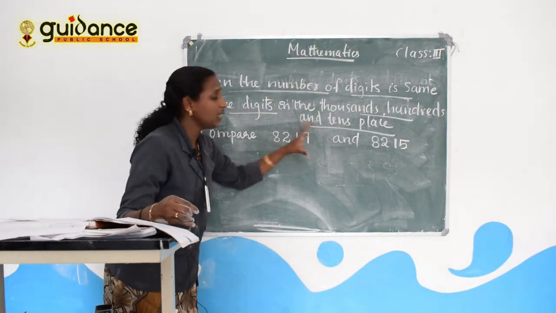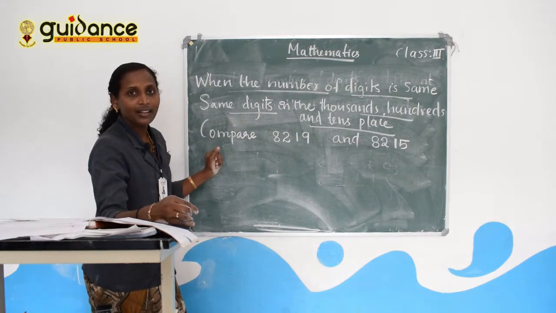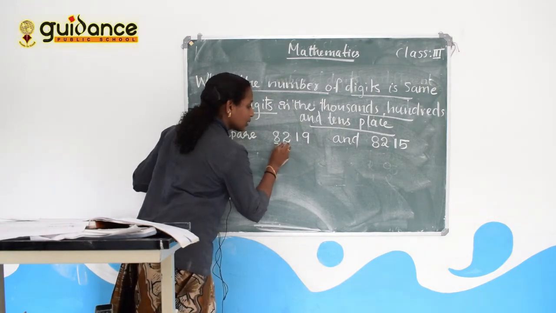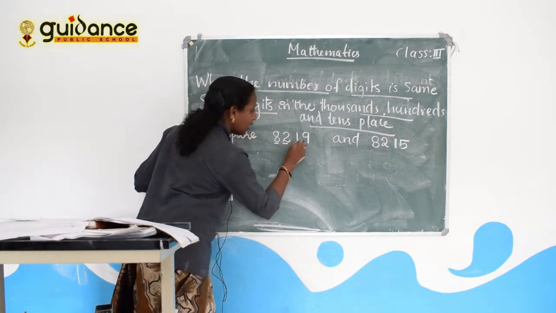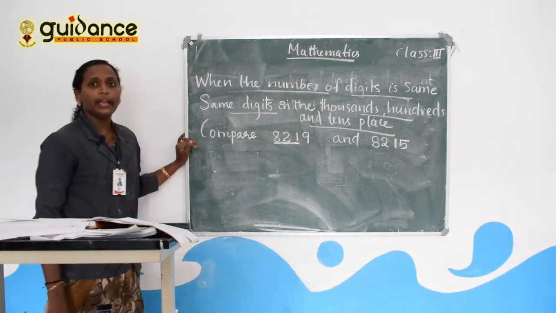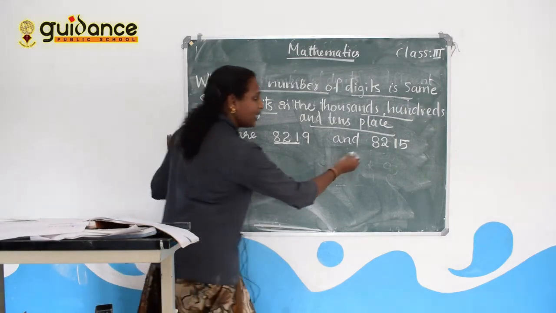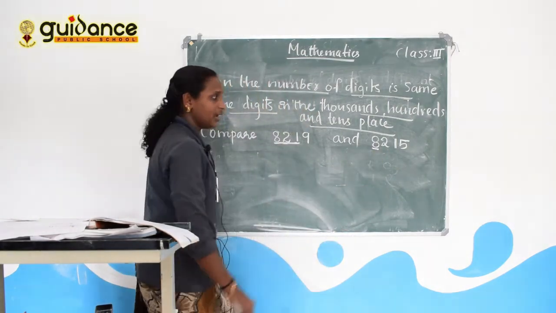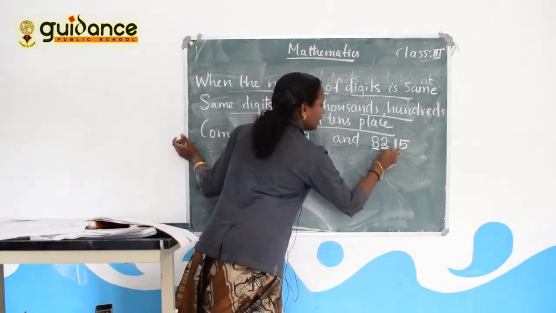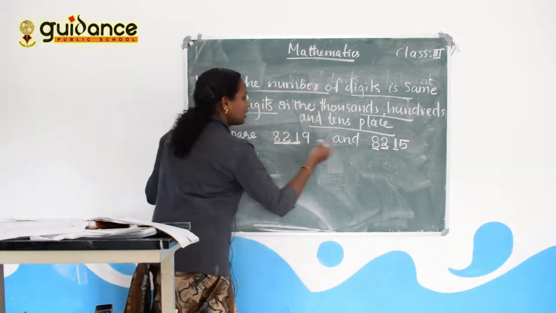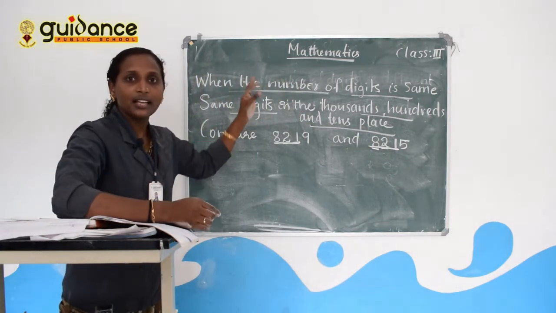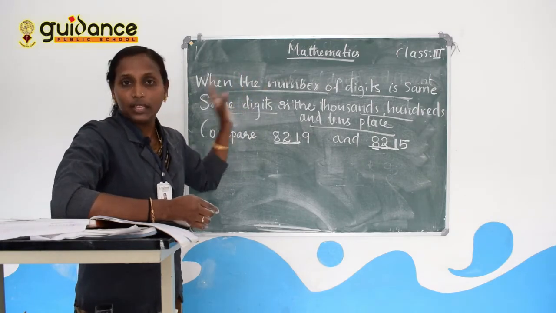Both are 4-digit numbers. And also look here: thousands, hundreds and tens. The number 821. Here the thousands place is 8, the hundreds place is 2 and the tens place is 1. That means these three digits are equal.